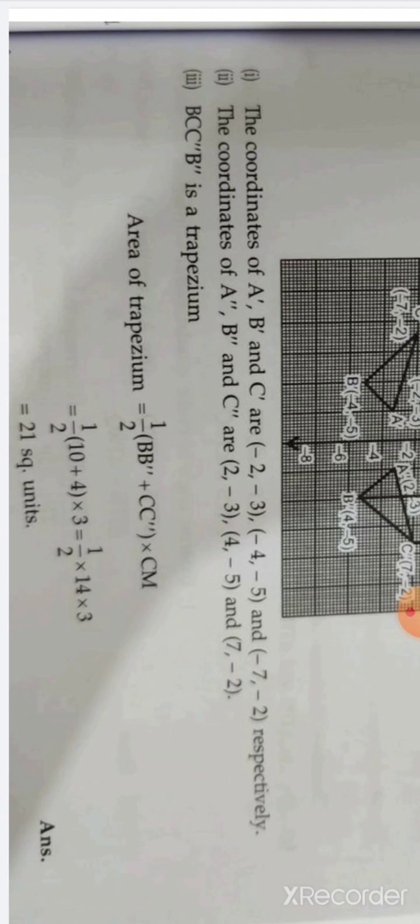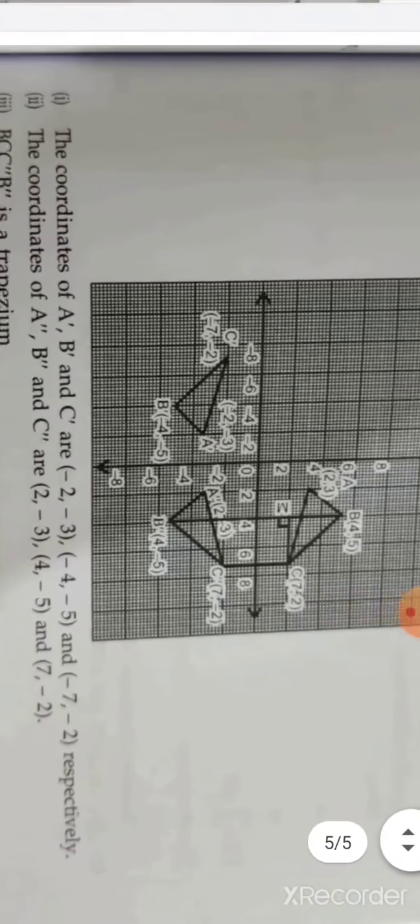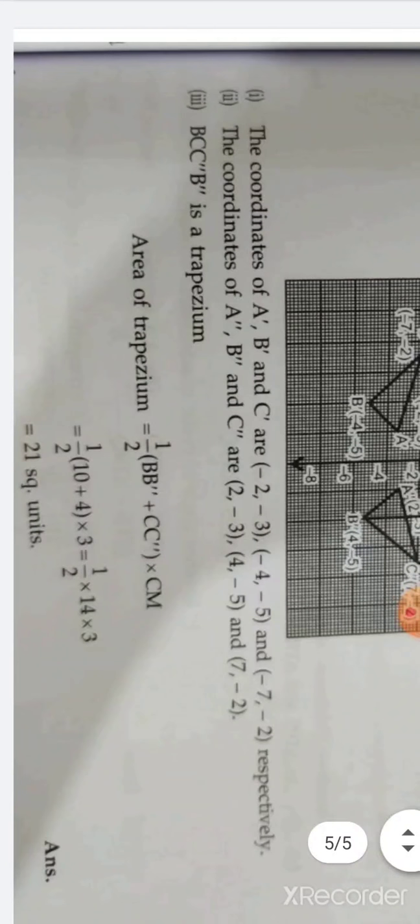Substitute values: half into 10 plus 4, and the vertical height is 3. So half into 14 multiplied by 3. By calculation, 7 threes are 21 square units as our area of the trapezium. So by solving this much you will get 4 marks completed.